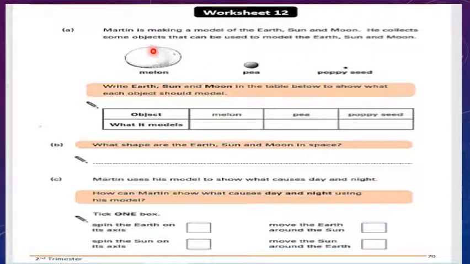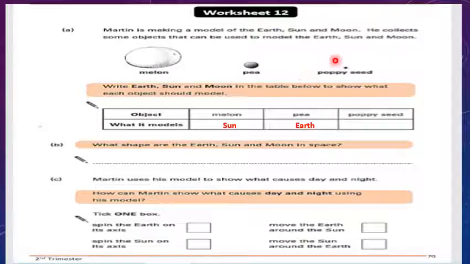Apparently the melon is the biggest among all of them, so this for sure will represent the Sun. And then there is the pea, which is smaller than the melon but bigger than the poppy seed, so this will make the pea, of course, the Earth.